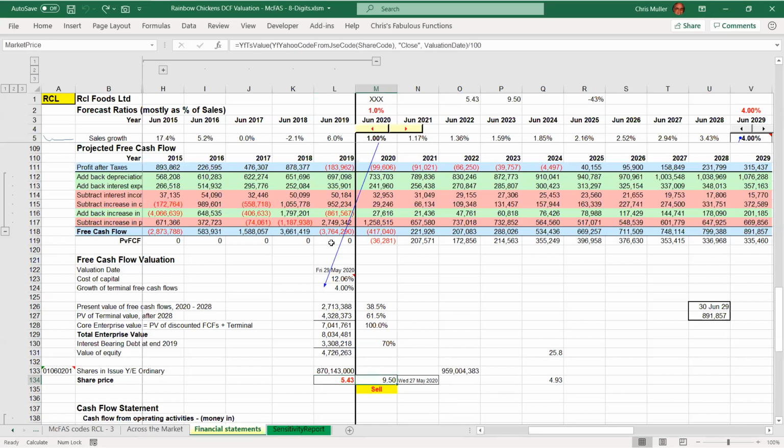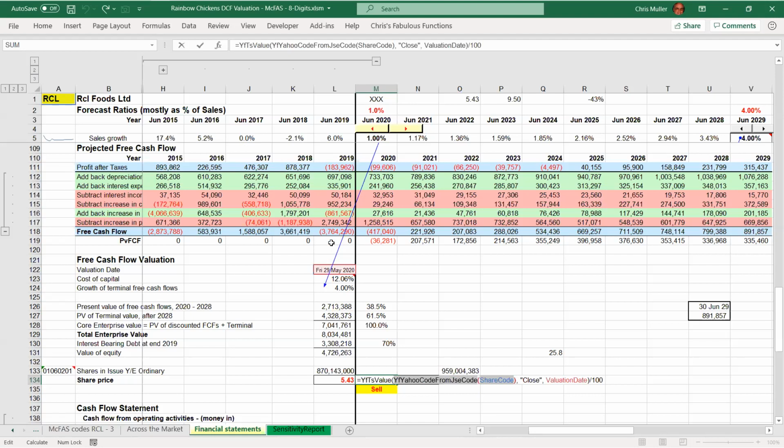The way we're going to get the market prices, you're going to use your Yahoo Finance time series value function. You're going to install that Yahoo add-in that you've got in your folder. Let's have a look here. That share code that we have, which is RCL. And does this work? Yes, RCL. We need to convert this using this function into its Yahoo code, which is rcl.johannesburg, I guess.